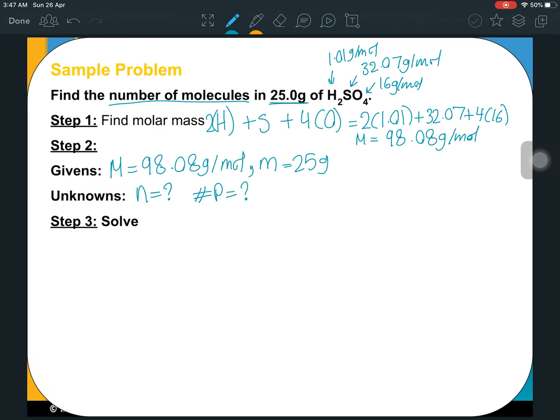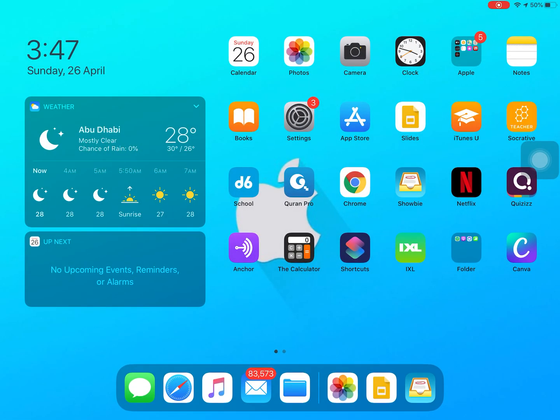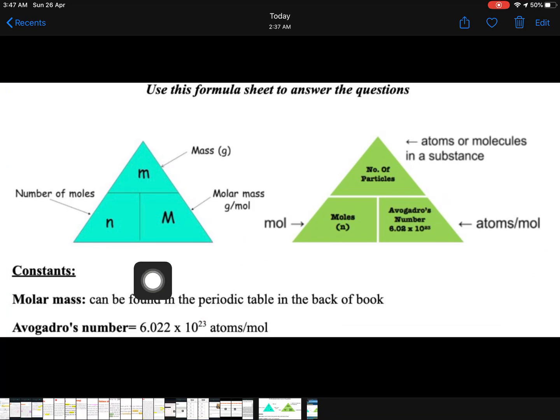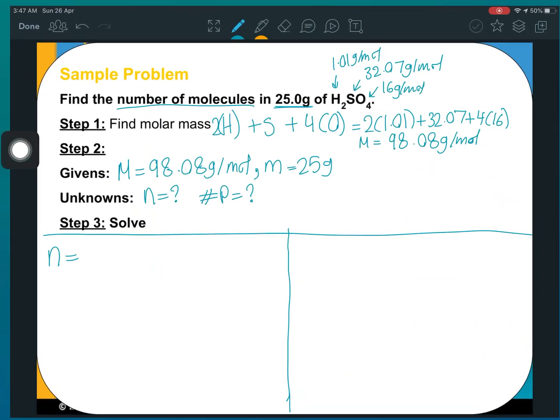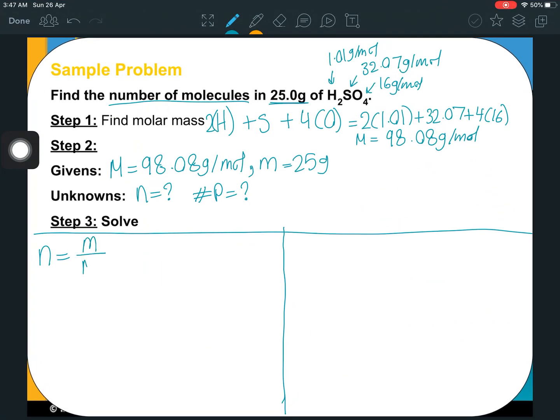So step 1, I'm going to just divide this into 2 parts so that we don't get confused. I'm going to look for N because, of course, I am using this triangle right here with everything that I know. So N equals little m divided by big M, or mass divided by molar mass, which is 25 grams divided by 98.08 grams per mole.